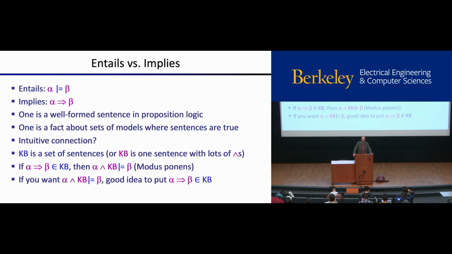Technical definition of entails is that for all possible worlds where alpha is true, beta is also true. So the technical definition deals with possible worlds or models. So the intuitive definition is if alpha is true, then beta is true, which is kind of the same as the intuitive definition of alpha implies beta.